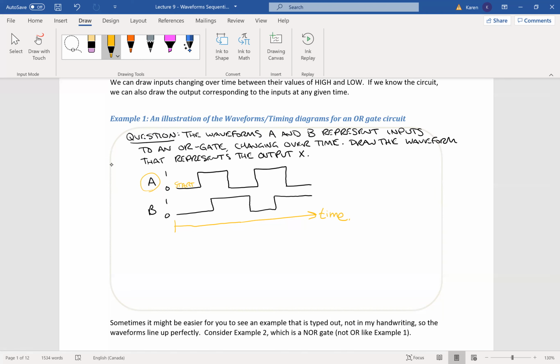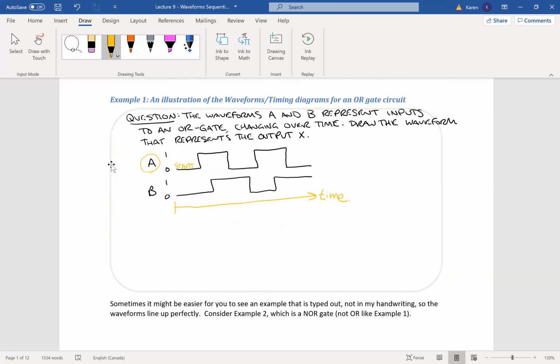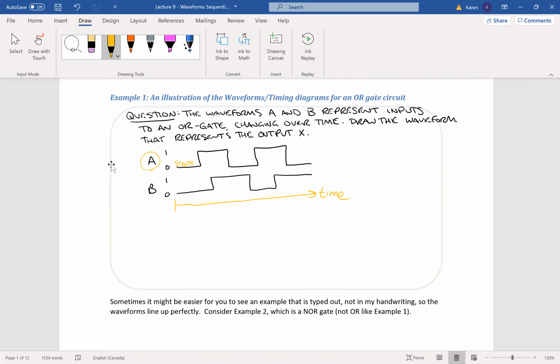So let's say in the real world, this is a push button. Then when time started, nobody had pressed the button. And then at this time, the button got pressed. So then the input of A went to 1. This is a 1. It was previously at 0.